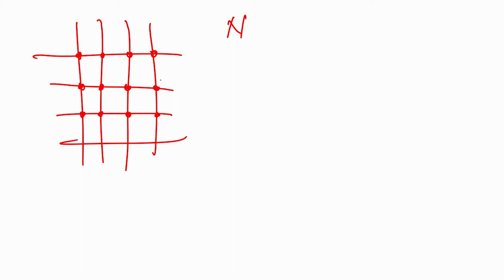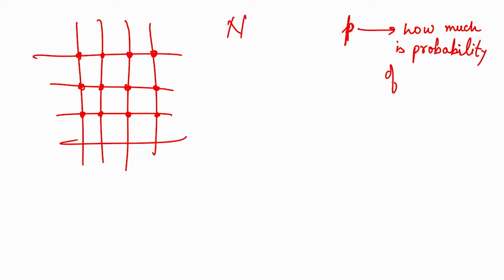And let's say that there is a probability P, which is associated with the probability of occupying one node, occupying such nodes.